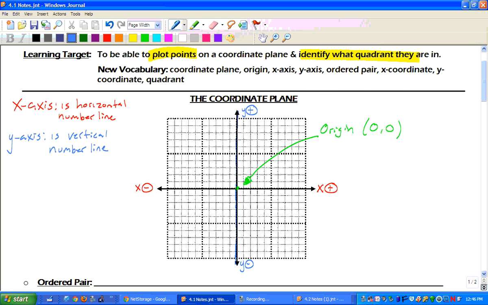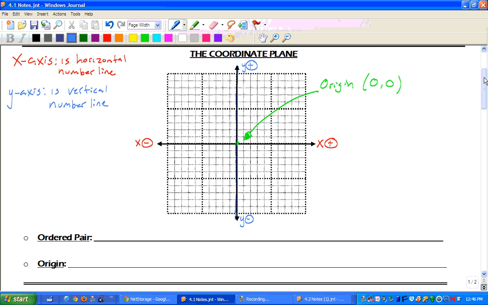And the reason that is important is because an ordered pair is (x, y), and that is a point that has an x-coordinate and a y-coordinate.